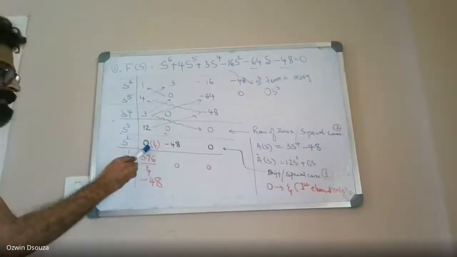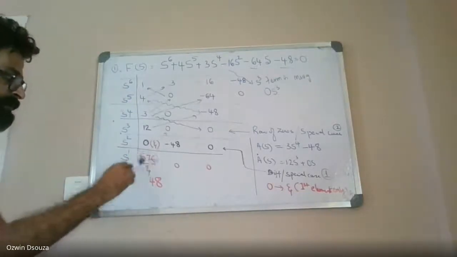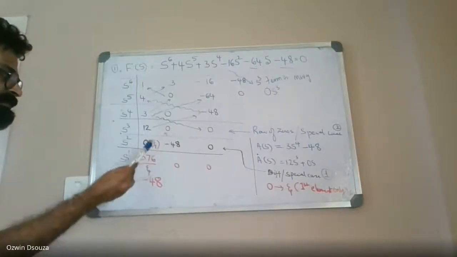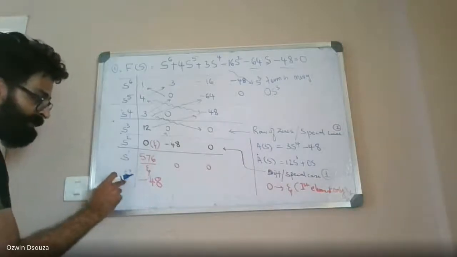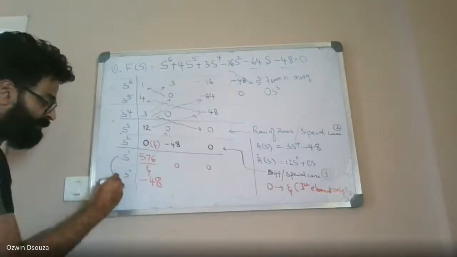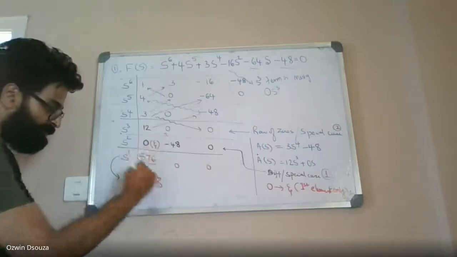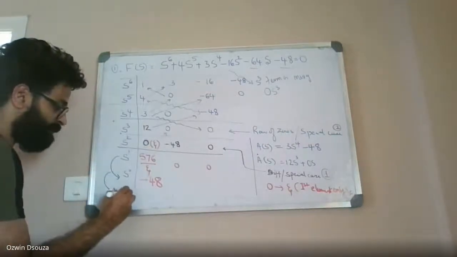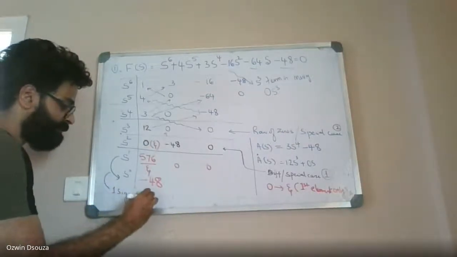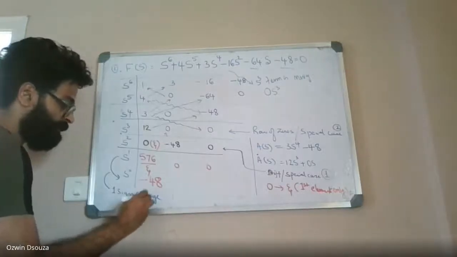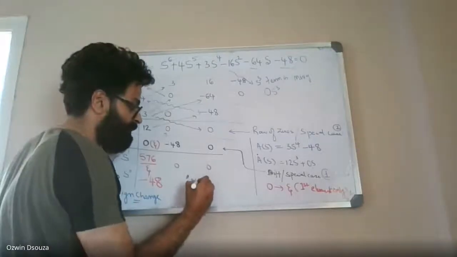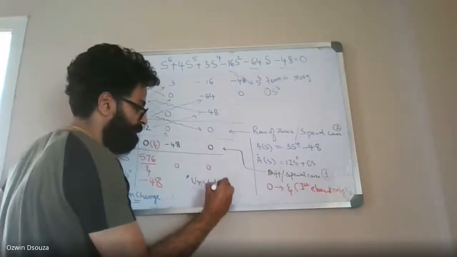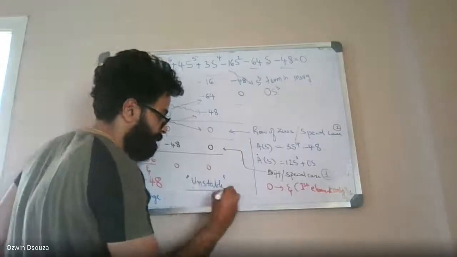It's a positive integer. And this is also a positive integer, right? Because 576 divided by epsilon will also be a positive integer. So only at the s to the power 0 row, what has happened? The sign has changed from positive to negative. So you can write one sign change. Because there was a sign change in the first column, the system is unstable.